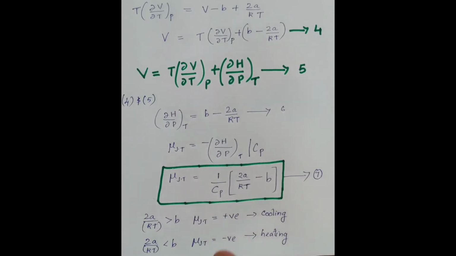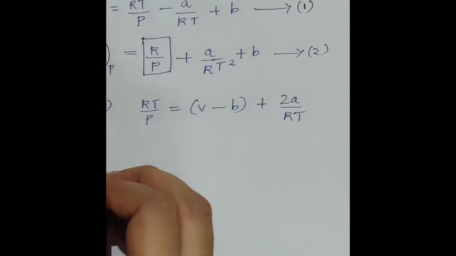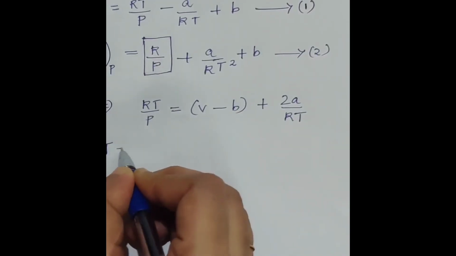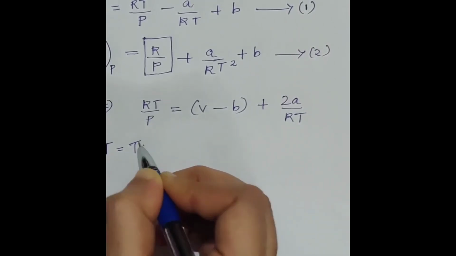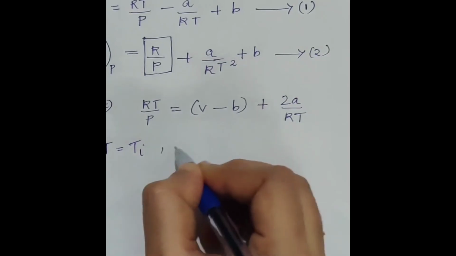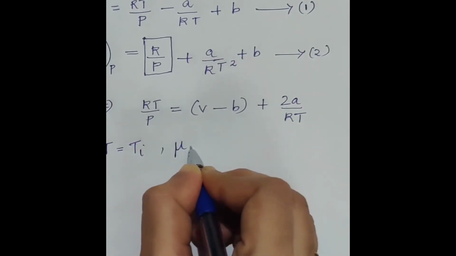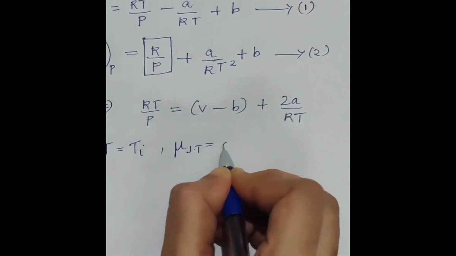Here we are finding the expression for the inversion temperature too. This is the temperature at which the Joule-Thomson coefficient becomes 0. It is called the inversion temperature, and may also be defined as the temperature at which μJT is equal to 0. So when T is equal to Ti, μJT is equal to 0.